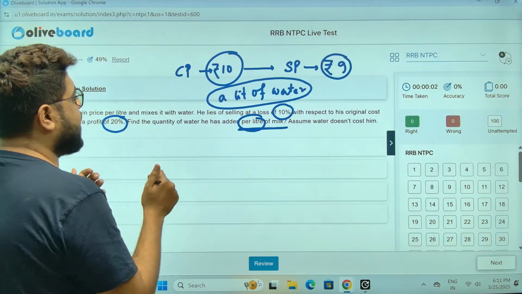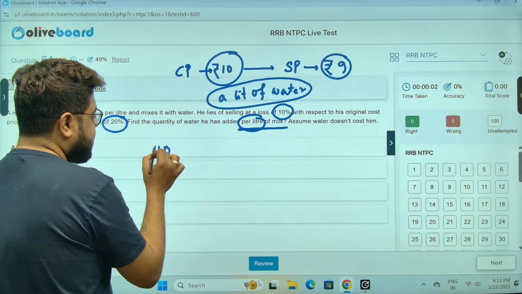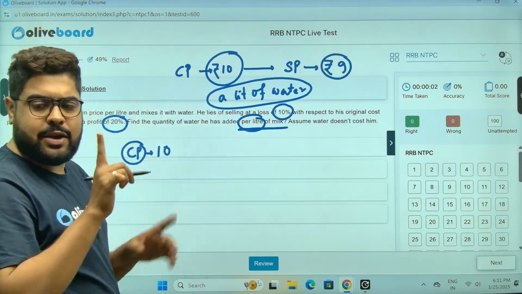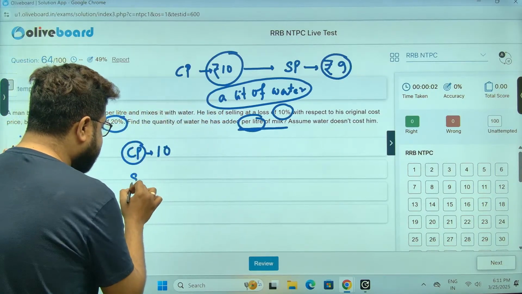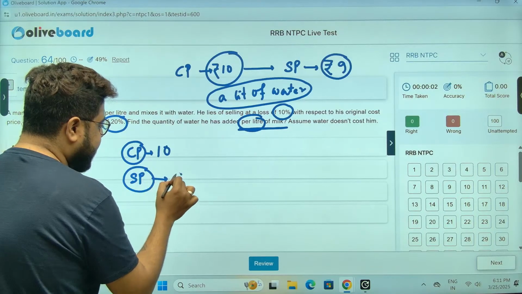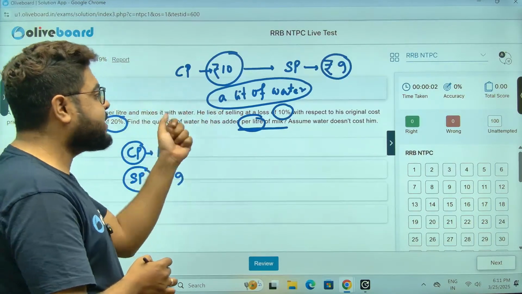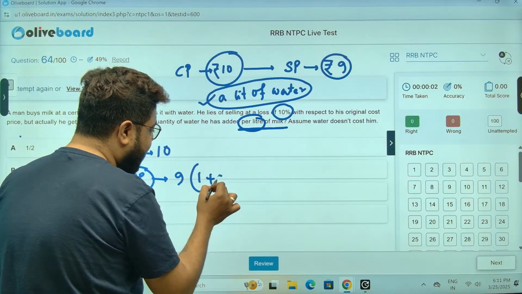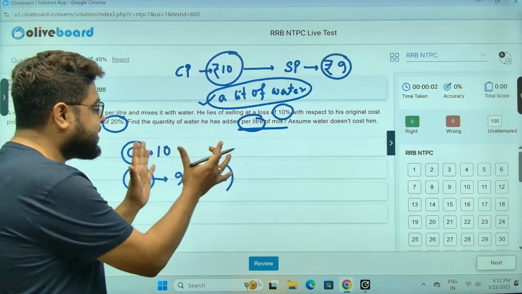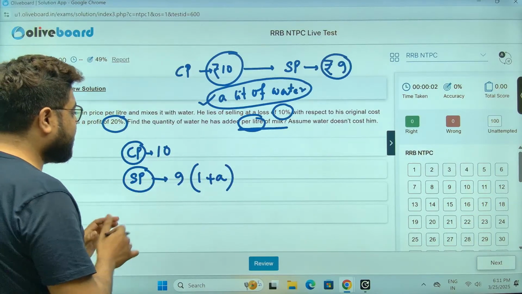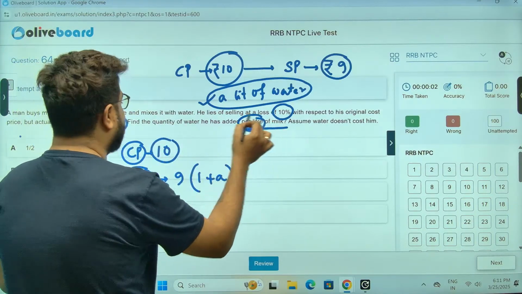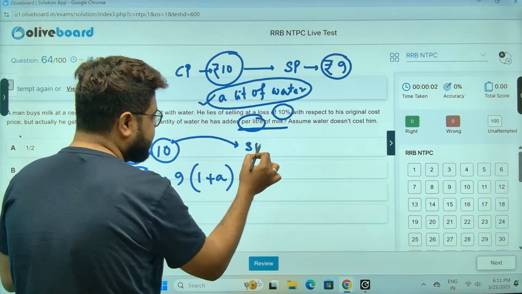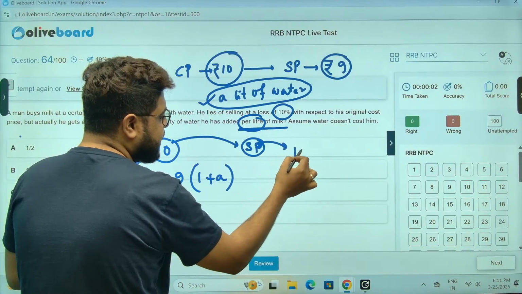Now his CP is 10 rupees because 1 liter milk costs him 10 rupees. His SP is 9 rupees per liter, but he is not selling just 1 liter milk. He is selling 1 liter milk along with a liters of water. The total mixture is 1 plus a. Now they are saying he gets 20% profit, meaning his SP should be 12 rupees.